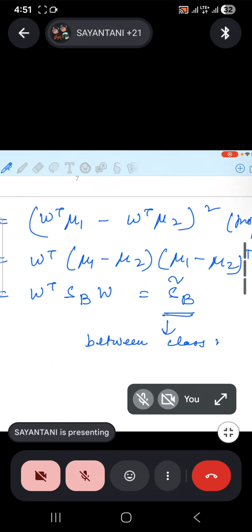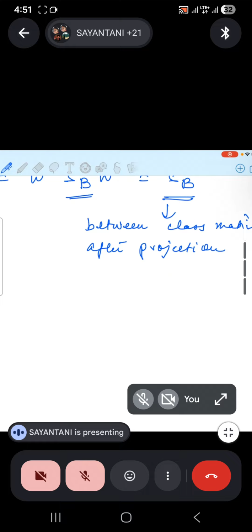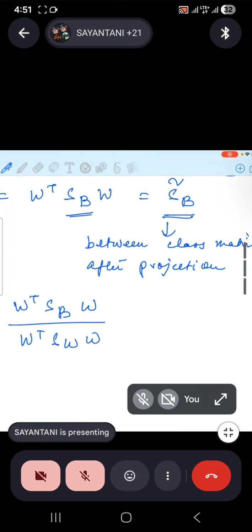So this is the between class matrix values after projection. This is actually before projection and this is after projection. Anything without tilde is before projection, as we have seen, and anything with tilde is after projection. So basically now J(W) becomes, we just replace, W transpose SB of W divided by W transpose SW of W, which can be written as SB tilde over SW tilde.